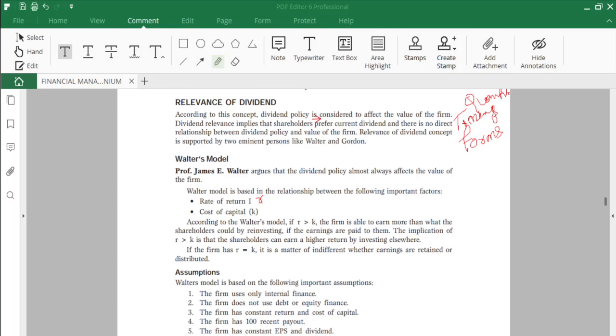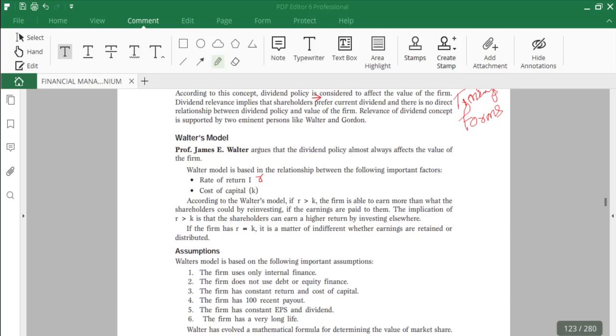Before we understand the relationship between the two, let us read the assumptions, because every theory is formulated on the basis of certain assumptions. Walter assumed that the firm uses only internal financing, and doesn't use debt or equity finance, so it is completely retained earnings.